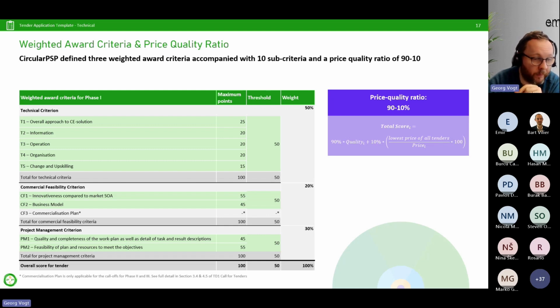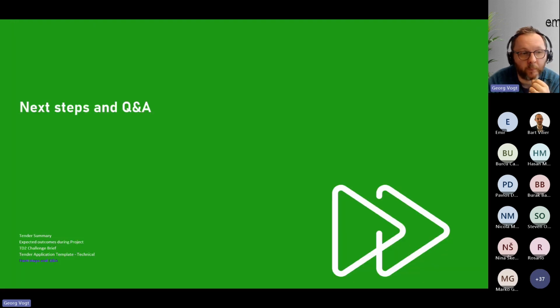Draw your conclusions from it. Bidding very low will not achieve the outcome it might have achieved in other tenders where the ratios are sometimes 60-40. 90-10 gives an indication that first and foremost we want a good solution, a good proposal.